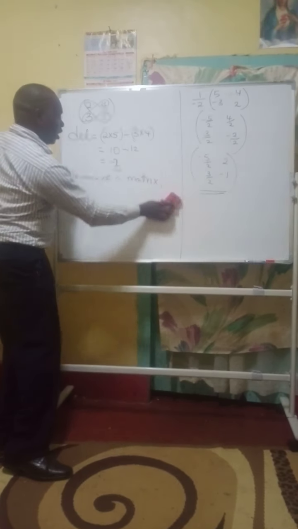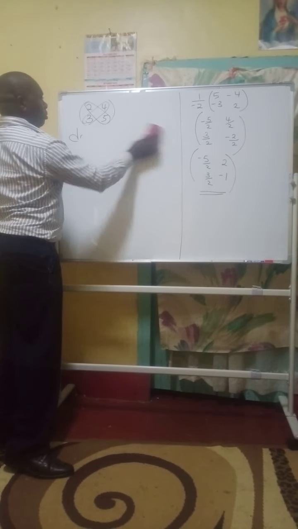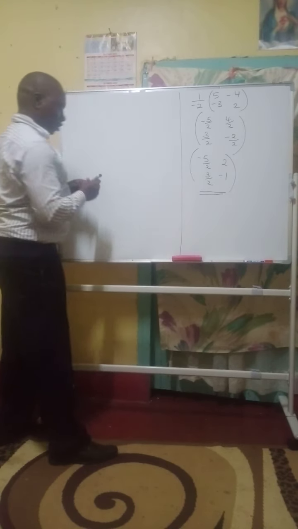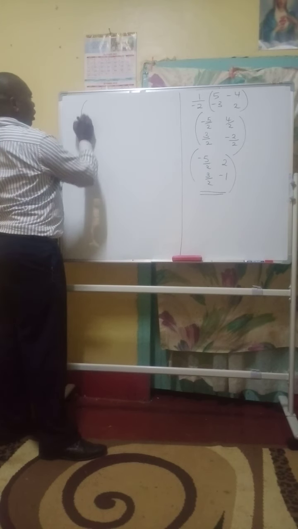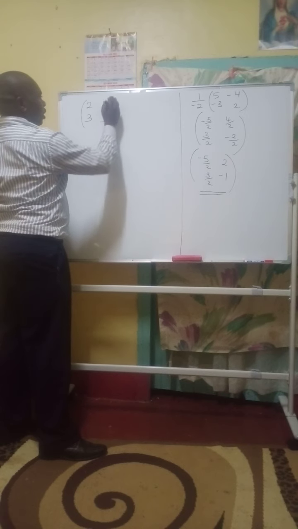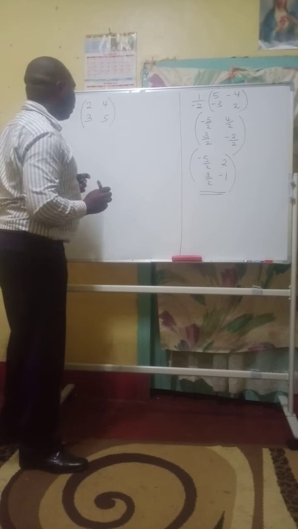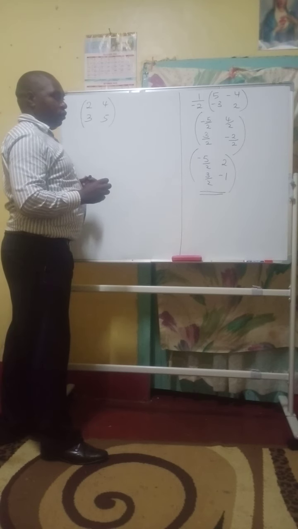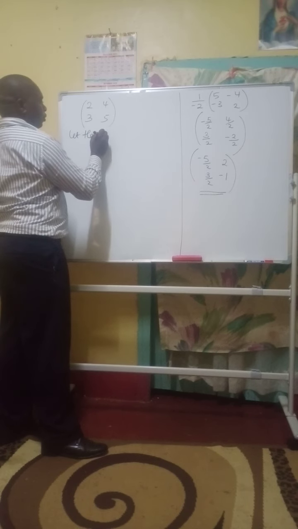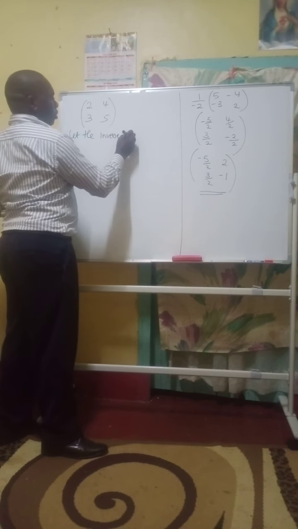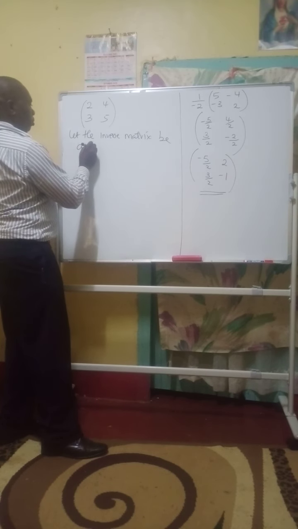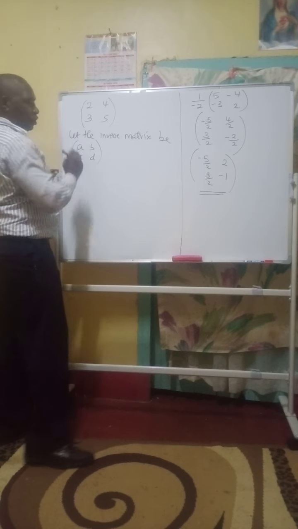I'm going to use the same matrix to try and find the inverse of that matrix. Remember, the matrix was 2, 3, 4, and 5. So what I'm going to do, I'm going to get the inverse matrix and say let the inverse matrix be A, B, C, and D as follows.